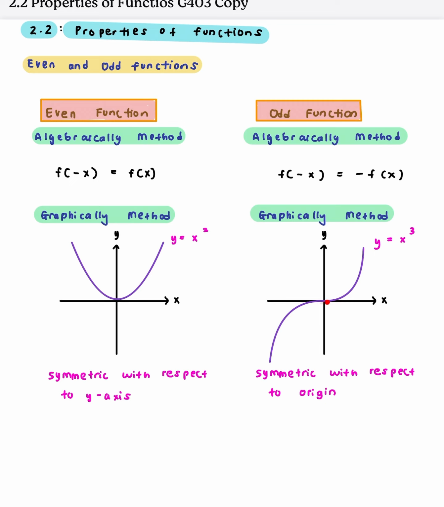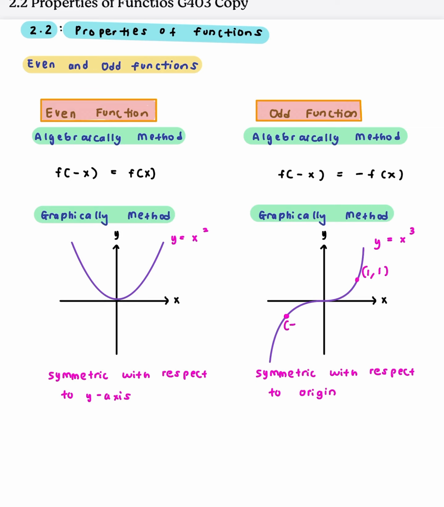This is the example of the graph, which is y equal to x cubed. If you look at the graph here, the graph is symmetric about the origin. What happens if you have symmetry about the origin? Let's say the point here is when your x is 1, your y is also 1. And what happens to your point here?